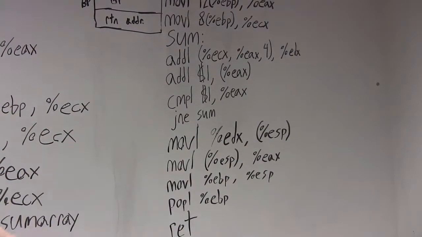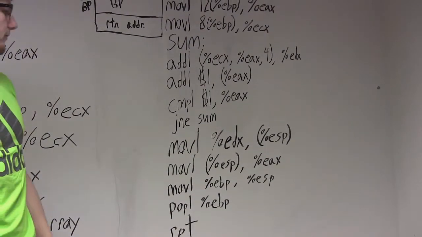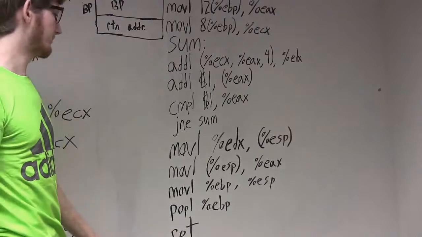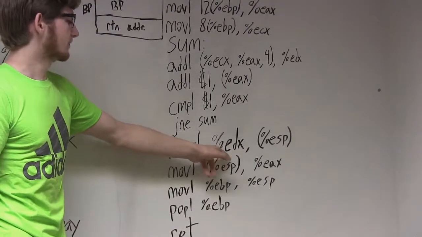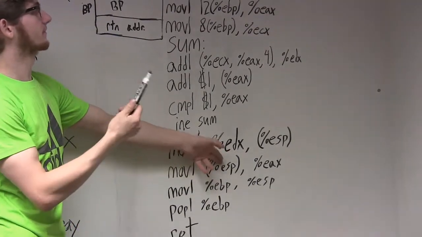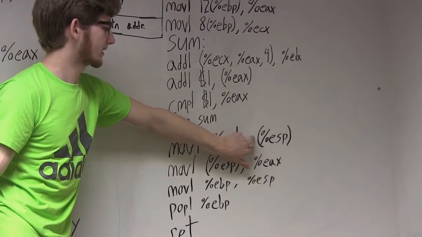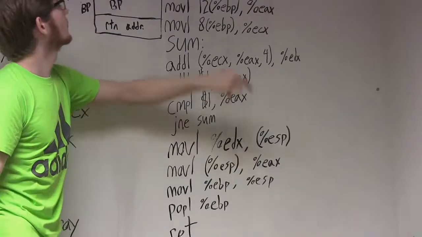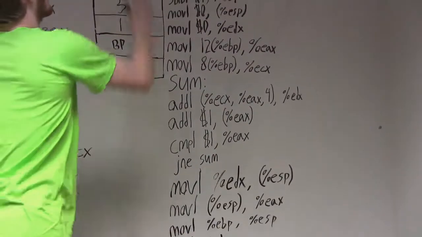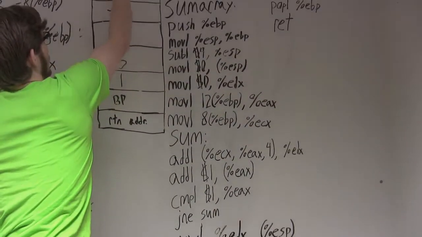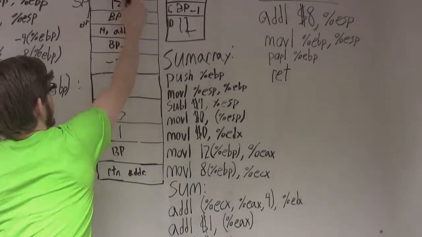So for clarity, because we wanted to make use of that local variable, we moved the value in EDX, which is the sum of the entire array, back into the indirectly referenced stack pointer, which is up here. And so that'll give us the 12 up there.